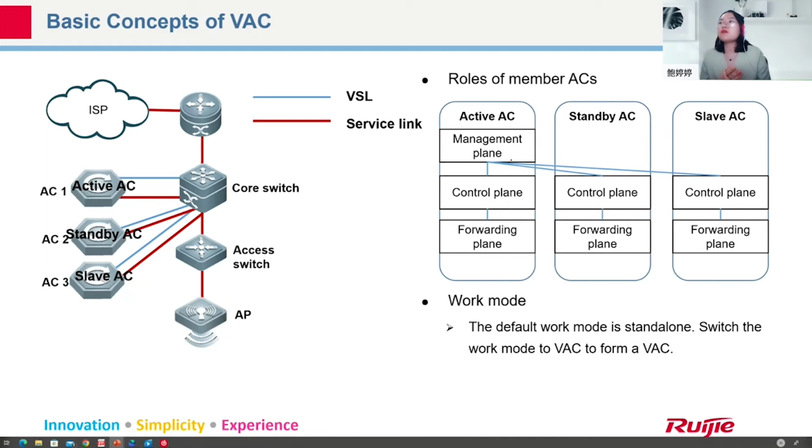So these are the three-part roles, and the different one is that the active AC has the management plane. About the working mode, the default mode is standalone, and we have to switch the mode to VAC and let the devices restart, and finally they become a new device in the same VAC.